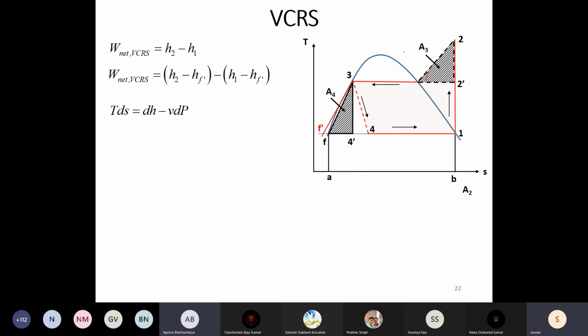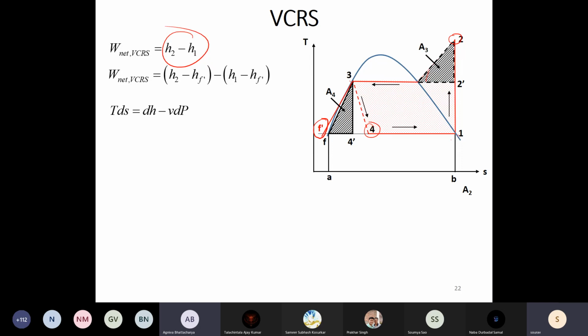Just like what I had done earlier, where I replaced H2 minus H1 with H2 minus H3, and H1 as H1 minus H3, and then H3 and H4 were equal across the throttling device, and then we were able to derive that area under the curve. Now instead of writing H2 minus H3, we will write it as H2 minus HF prime. What is this HF prime?